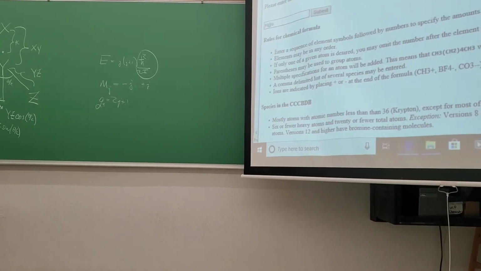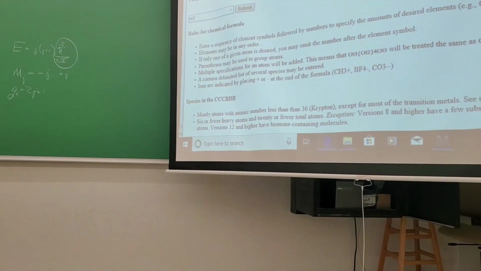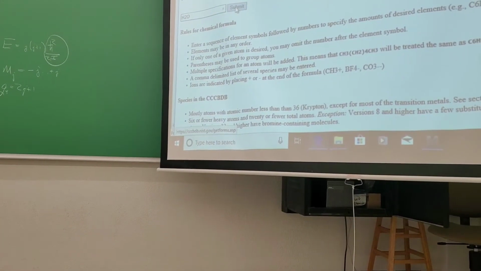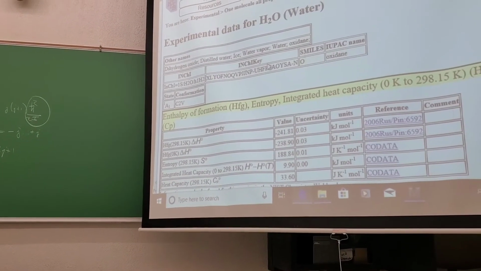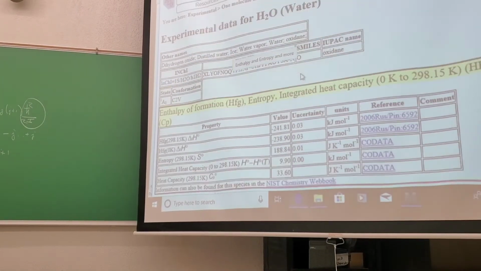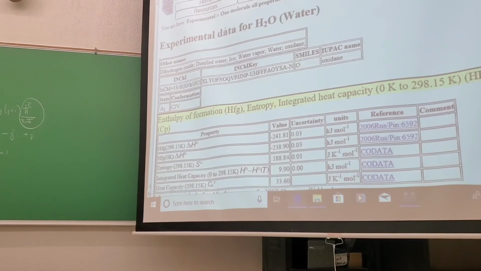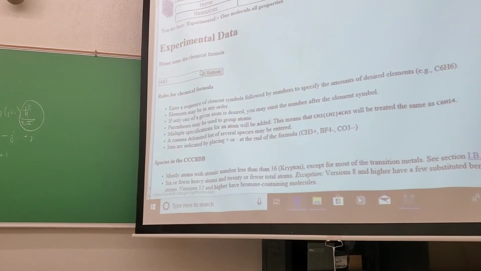When you submit that with all properties, it'll give you all sorts of interesting information. You've got the heats of formation, entropies, and so forth. But sometimes it crashed. Let me try it again.